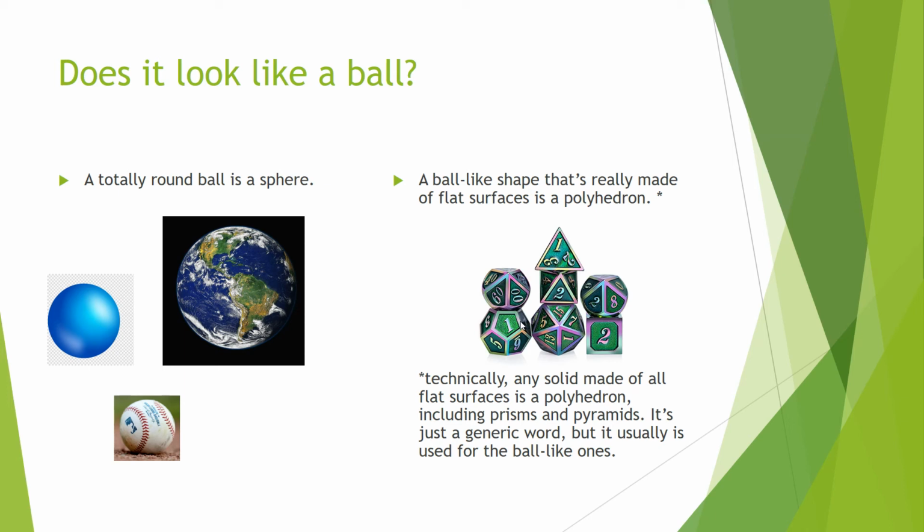Uniform polyhedrons. A regular polyhedron would be where this is a square, that's a regular polygon, this is an equilateral triangle, this is a regular pentagon, and it's repeated throughout. But the d10s that I have up here are not regular polyhedrons.